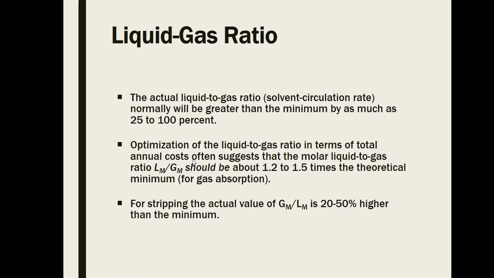Now, optimization of the liquid to gas ratio in terms of total annual cost often suggests that the total molar, take note, molar liquid to gas ratio should be about 20% or 50% more than the theoretical minimum required solvent in the case of gas absorption.